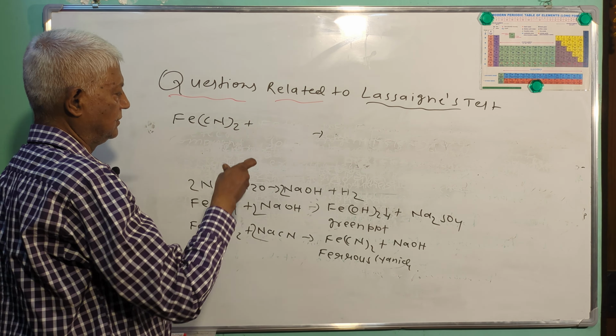So what do we get? Na4[Fe(CN)6], that is sodium ferrocyanide.